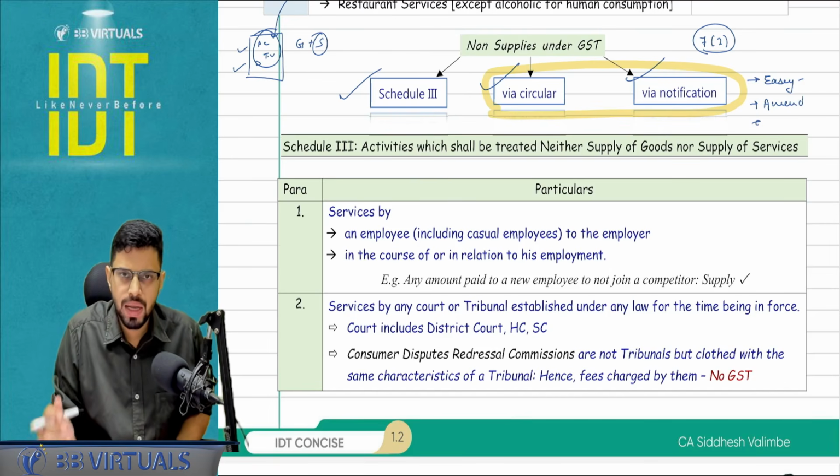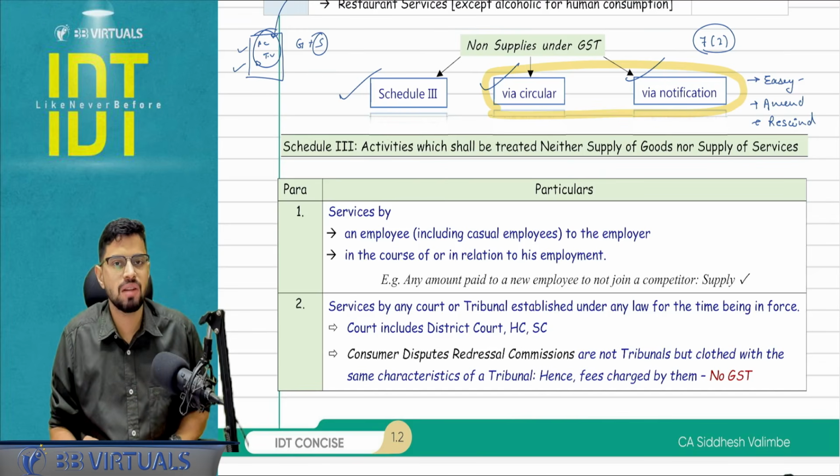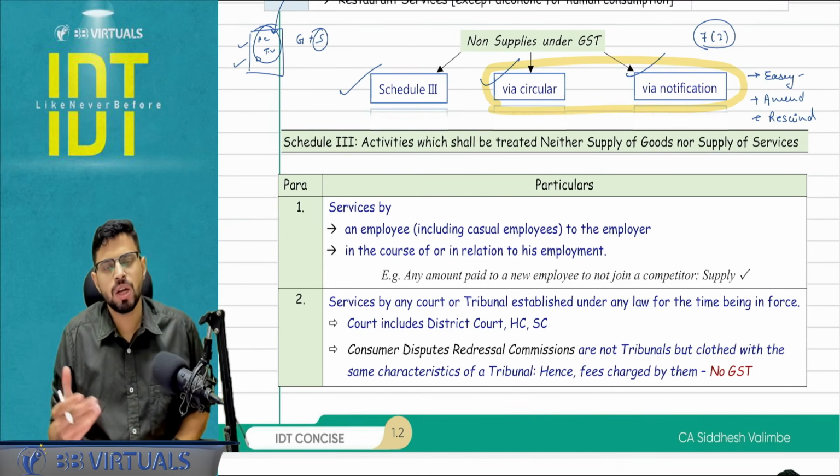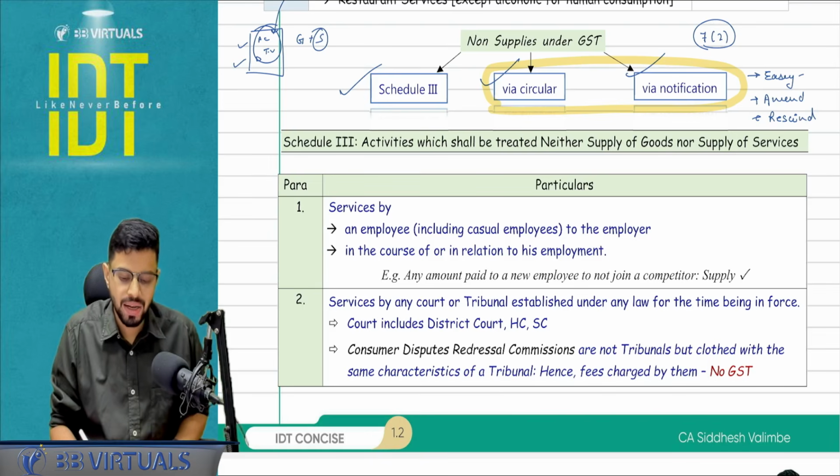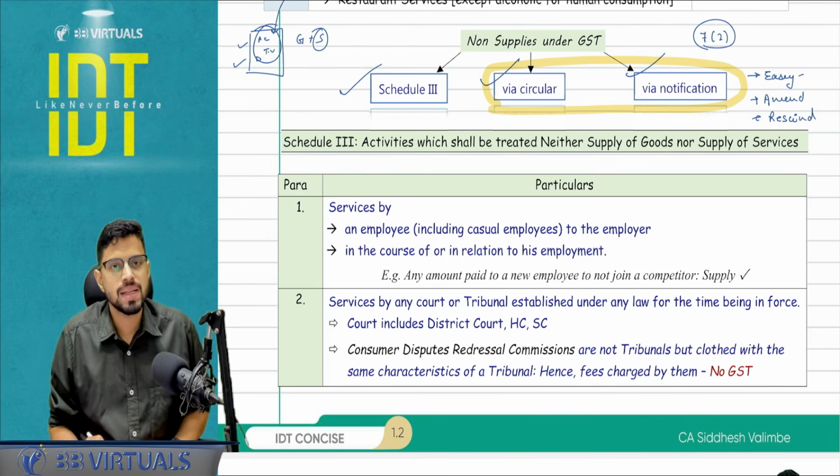Means basically rescind the notification as well. So the government has kept itself with this power, that tomorrow if the government wants to change, it won't have to go through the hassle of changing the entire act. It can just amend the circular or notification. That is the mere logic.